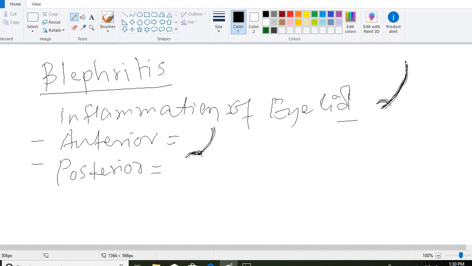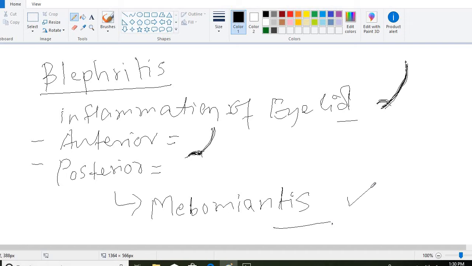Posterior blepharitis is also known as meibomianitis. So blepharitis means inflammation of the eyelid, and the two types are anterior blepharitis and posterior blepharitis, also known as meibomianitis.